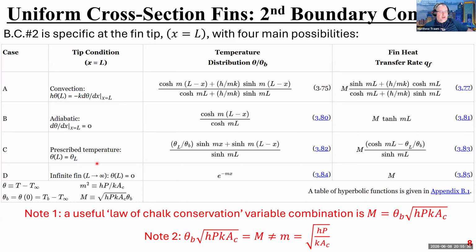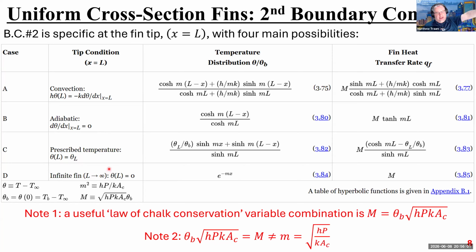A third possible boundary condition is a prescribed temperature. So somebody comes along and tells us, okay, the temperature at the tip is some value, right? So that's this one, prescribed. And then there's the fourth one, which is a little bit weird. We're going to talk about this in more detail a little later in an example. But it's this idea of an infinite fin, right? So the fin is infinitely long.